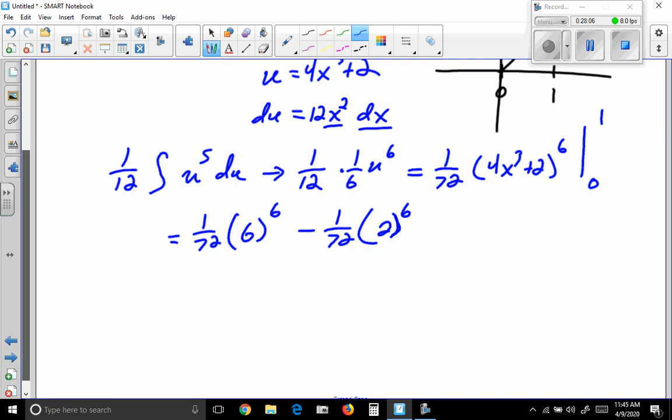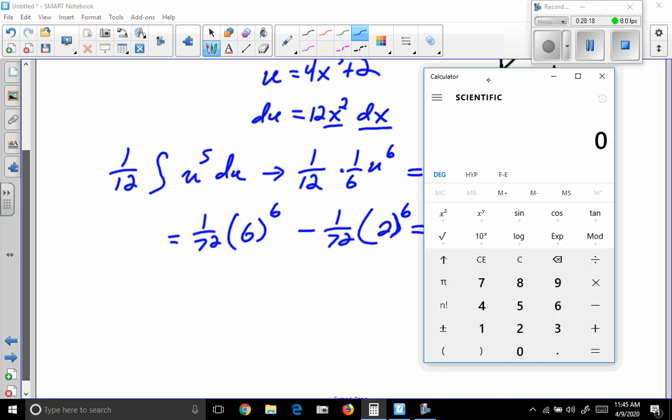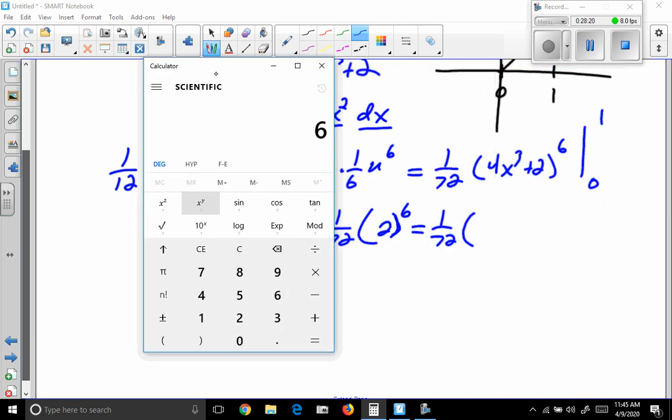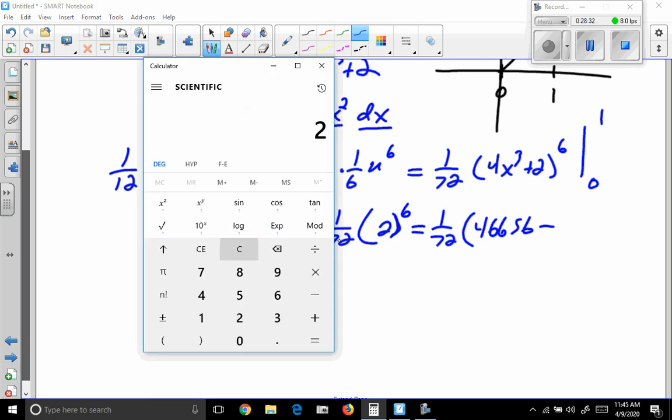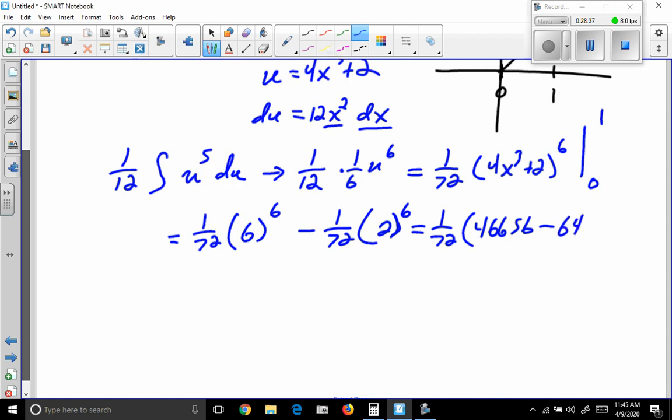Ideally, it'd be good to do that as a fraction, but we could do it as a decimal also. I'm going to factor the 1 over 72 out, and that's going to leave us 6 to the 6th power minus 2 raised to the 6th power, times 1 over 72.